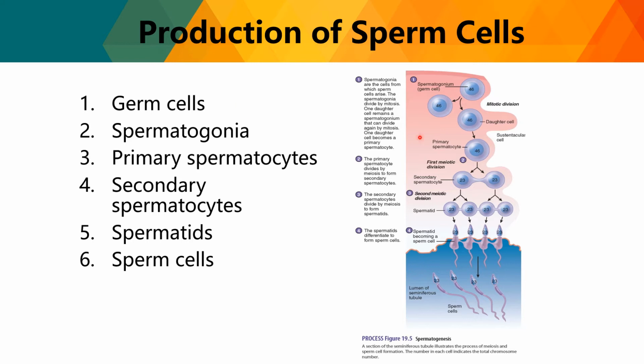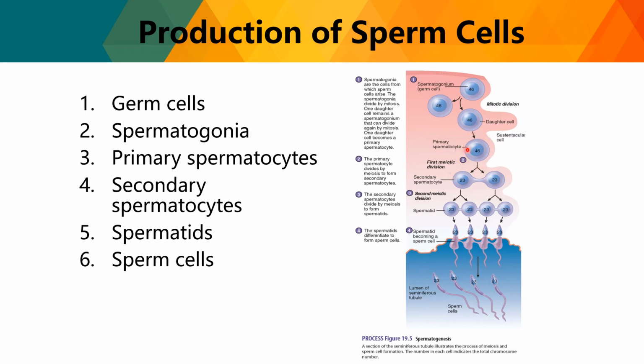Okay? So it would eventually develop into a spermatogonia, and then to a primary spermatocyte, to a secondary spermatocyte, going to a spermatid, and then eventually to a mature sperm cell. Okay? So a spermatogonium, which is the germ cell, will undergo mitotic division, produce a daughter cell, and then produce a primary spermatocyte.